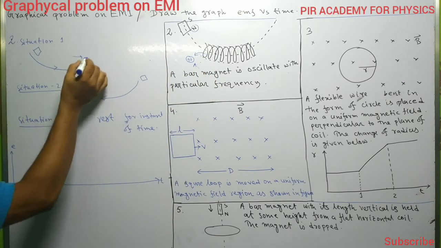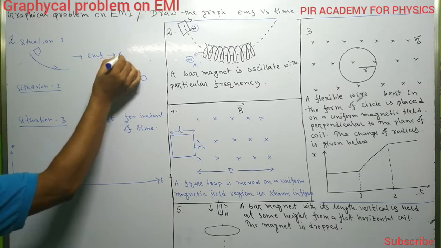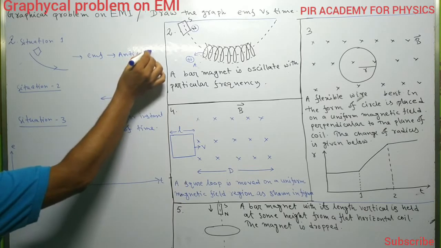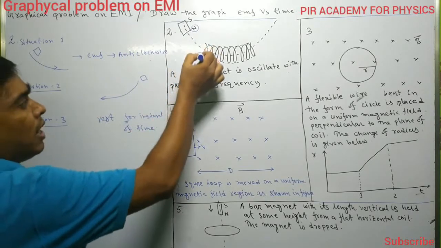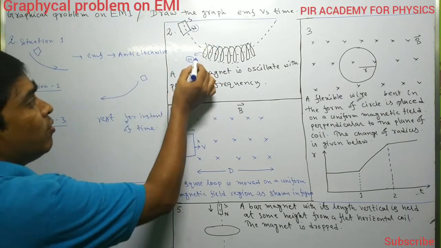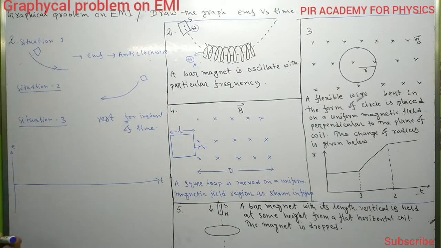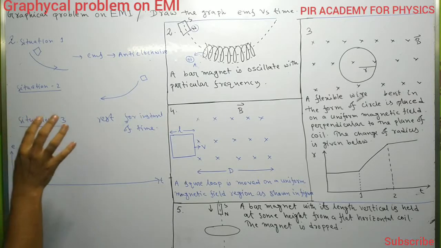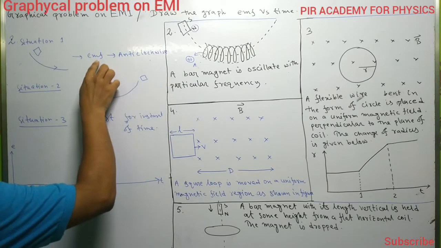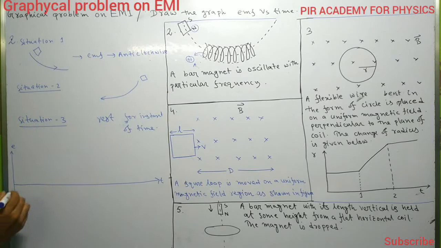That means number 1, the induced EMF direction must be anti-clockwise, because it behaves like a north pole, so that this north pole and this north pole must repel each other according to Lenz's law. If we take the induced EMF of anti-clockwise as positive, then you can draw in this way.